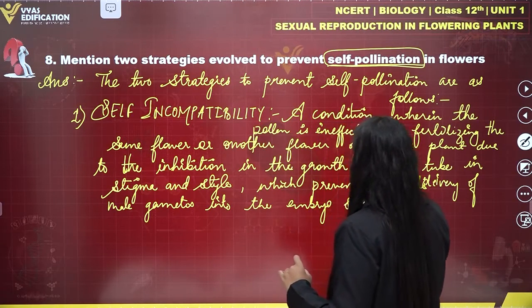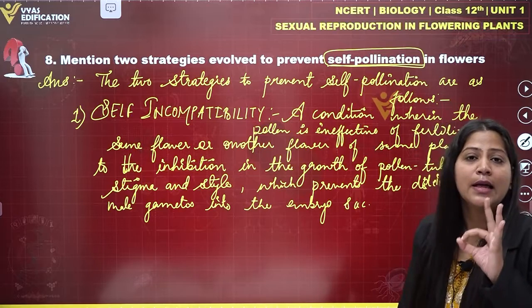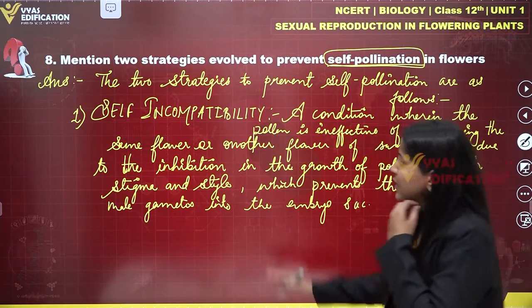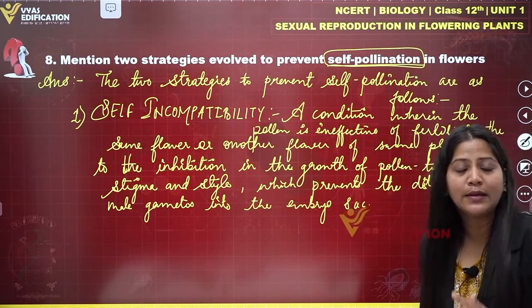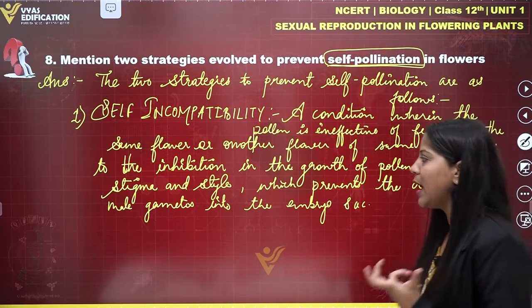Basically it will go to embryo sac because inside the embryo sac the egg cell is present. So self-incompatibility will prevent the delivery of male gametes into the embryo sac.